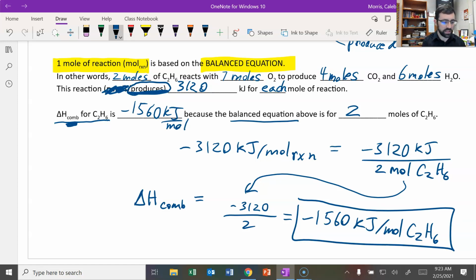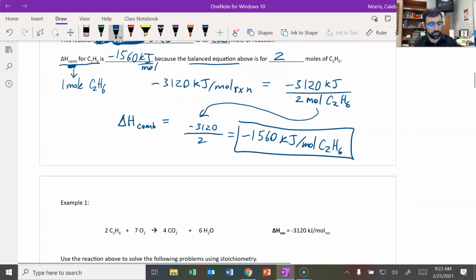Remember, this is because the heat of combustion is for 1 mole of ethane, C2H6. That's why we did all of that. Okay, so the main difference between heat of combustion and heat of reaction, if we're talking about a combustion reaction, is heat of combustion is for 1 mole of that substance instead of just 1 mole of the reaction.